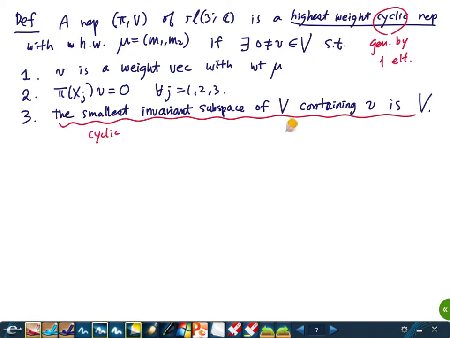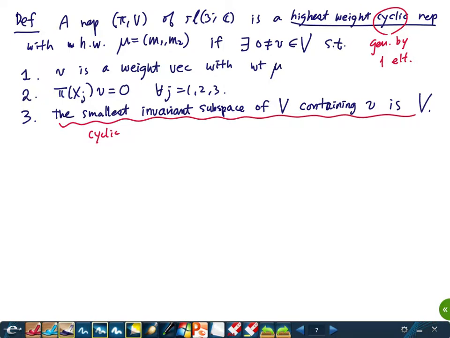The smallest invariant space containing v is V. So generated by something means the smallest space containing those elements. The cyclic condition. And this means a weight vector. It has a weight vector corresponding to this weight.